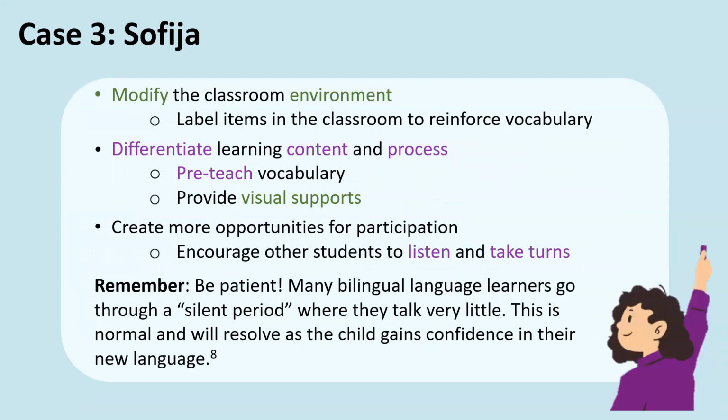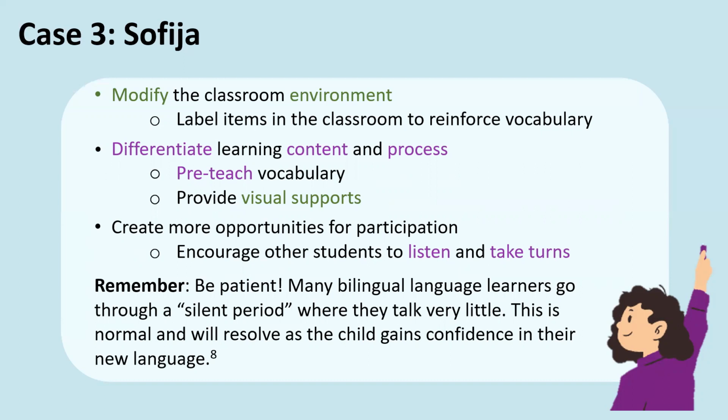It's great that Mr. J is thinking about ways to support language use and social inclusion. There are many ways he can modify his environment and teaching style to meet Sophia's learning needs. Firstly, Mr. J can label items in the classroom to help reinforce common vocabulary that Sophia will need. He can also differentiate the learning content and process to support her English vocabulary by pre-teaching her vocabulary and using visual supports to help her grasp the lessons.